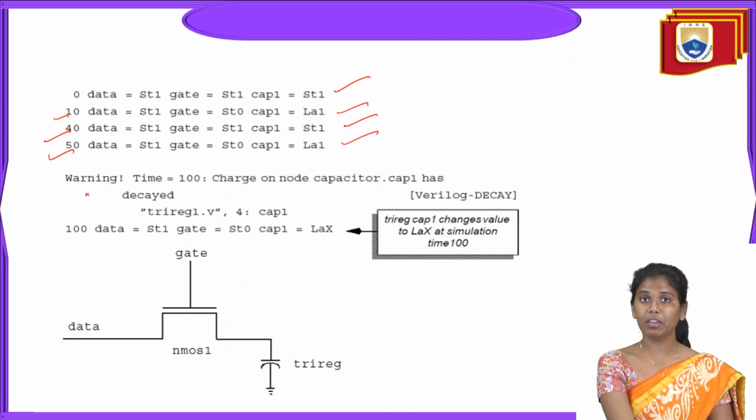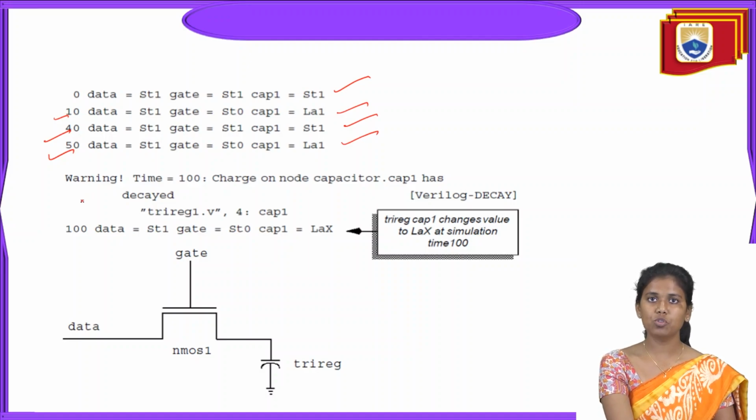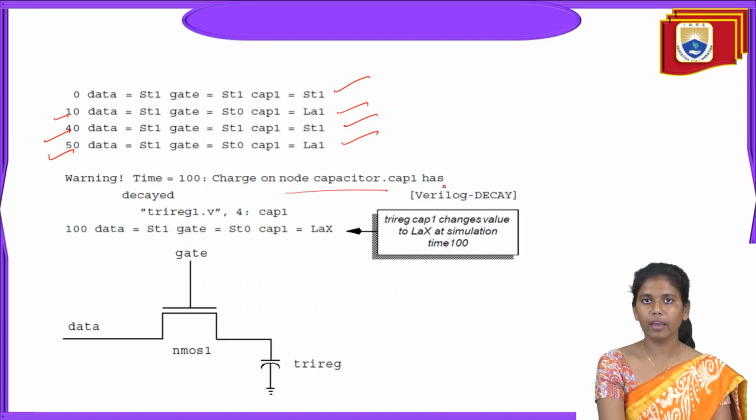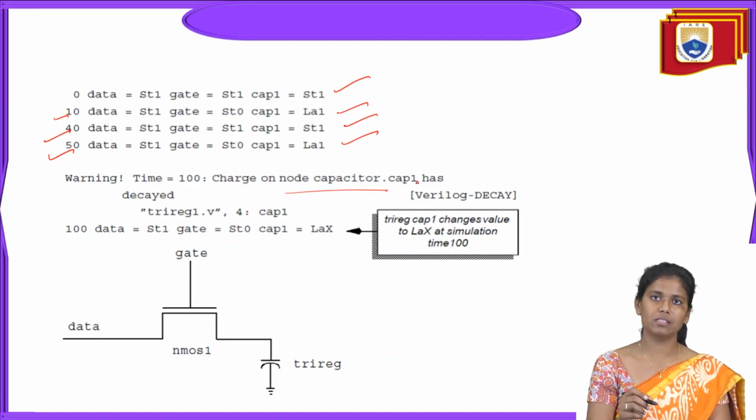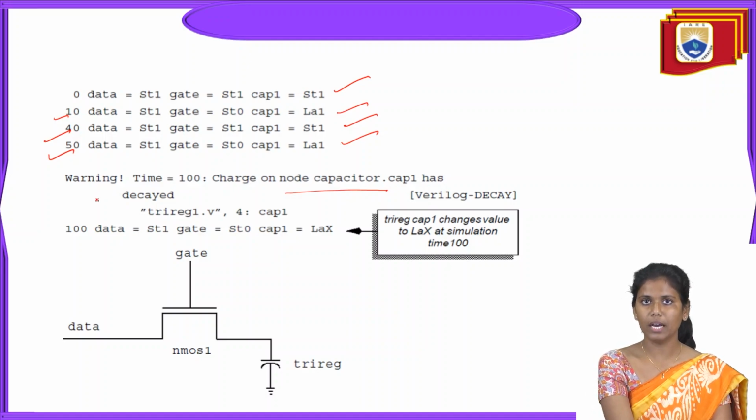So here they have given a warning. The warning is based on the delay. The warning is: time 100, charge on node capacitor cap1. So there is a charge on node capacitor, and that is the warning they have given, because the charge is more and the time delay is all about 100.